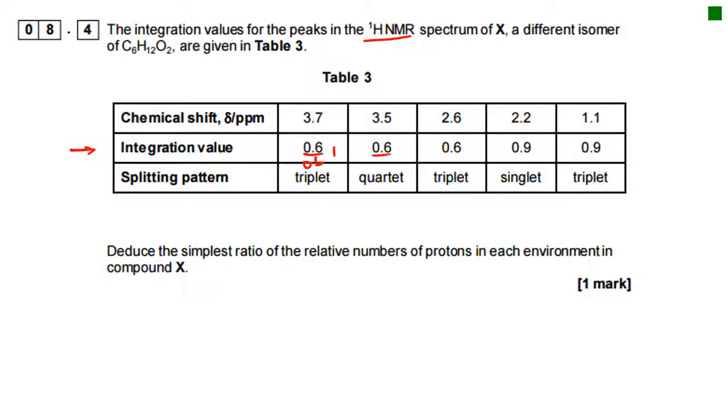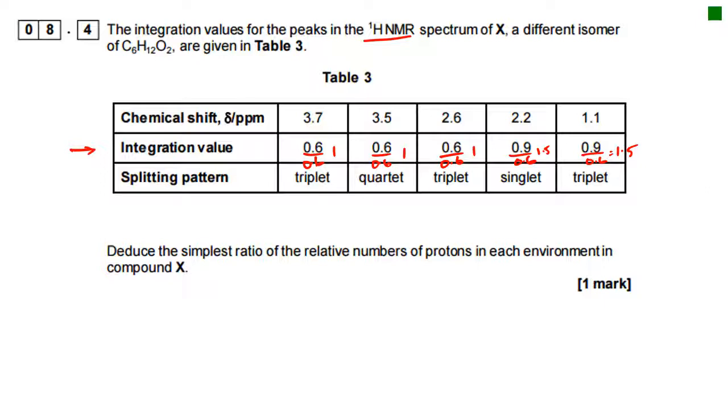Right? So that's 1, that's 1, that's 1, that's 1.5, and that's 1.5 as well, and we still can't have 1.5, so we need to do a further step, doubling it up.